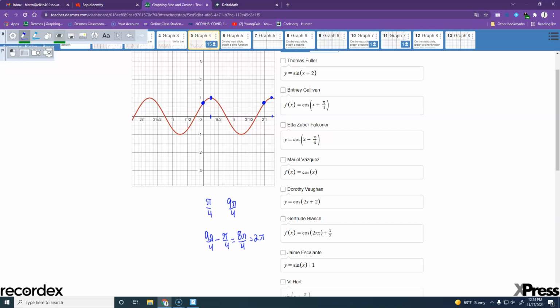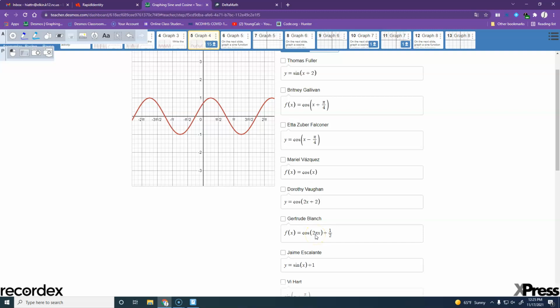So don't change it right now if that's not what you've got. But should we have any number in front of our x? No. So, like here, Gertrude, it looks like you probably thought the period was 2 pi, right? But Gertrude, we do not put 2 pi here if it is the period.